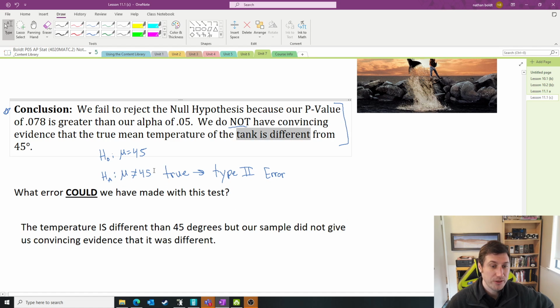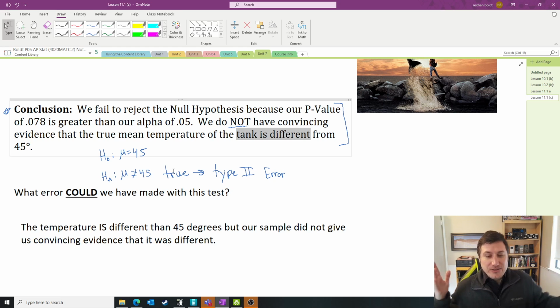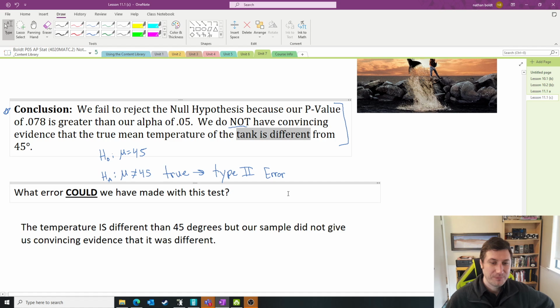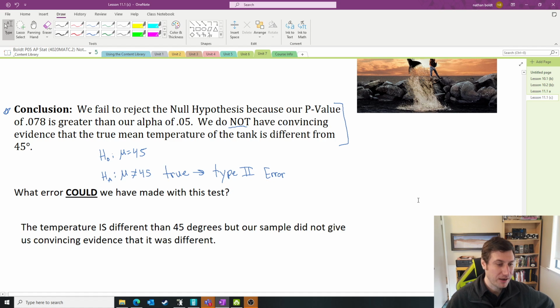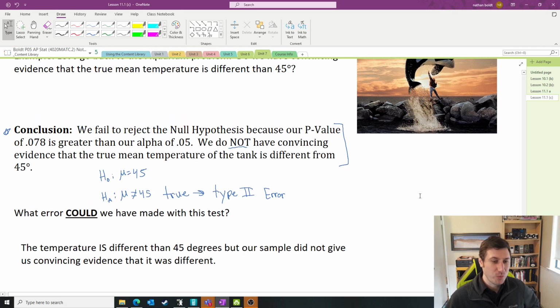So if the second one is true and we screw it up, that is a type 2 error. I don't know, does that help at all, maybe? A little bit? Some? Hopefully. For me, that's how I'm keeping track of them right now, about which one is which.